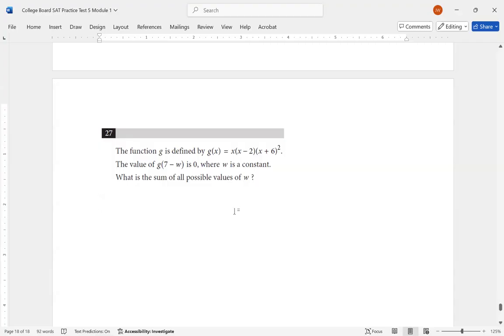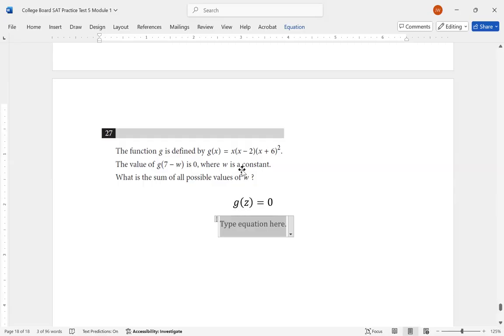Well, think about this. What possible values, we'll call them, what possible numbers x can I plug in to get out a 0? These are called the zeros of a function. Well, the zeros of a function happen when you get out a zero.